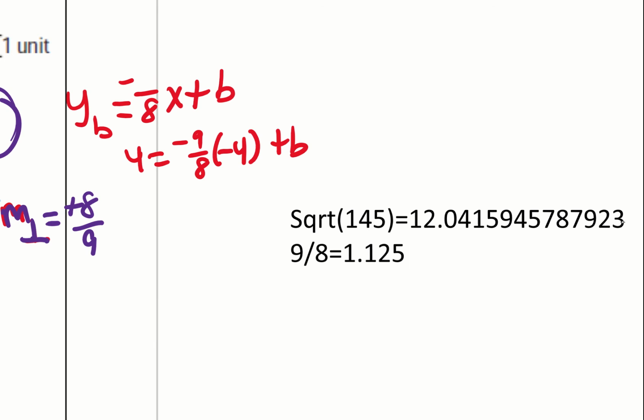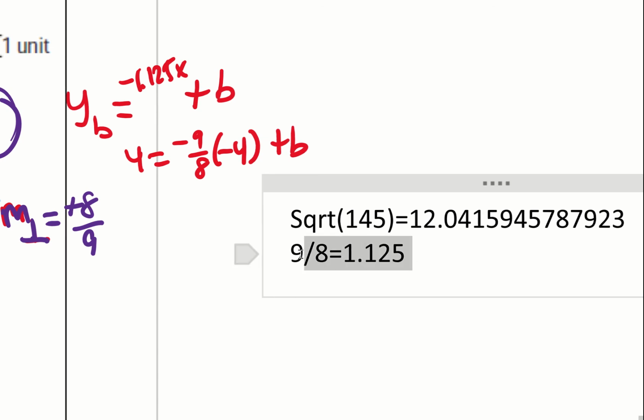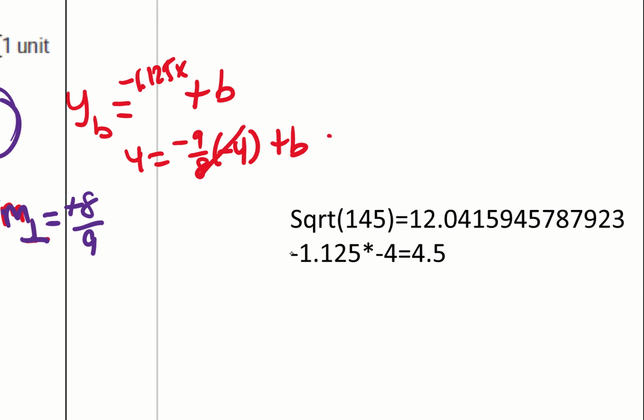So I'm going to change this to -1.125x. And so negative 1.125 times -4 is equal to 4.5, which means that b has to be -0.5.